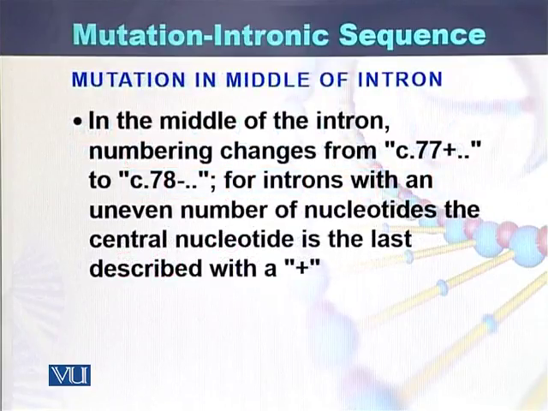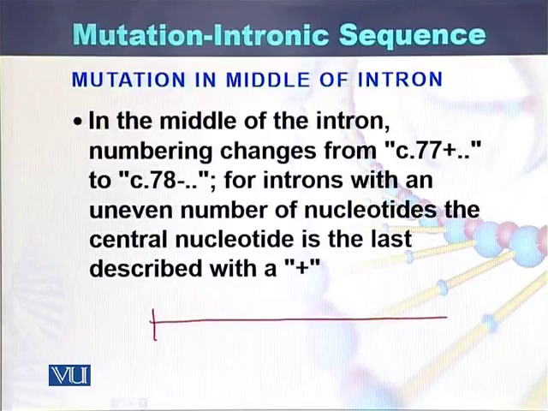If a mutation is present in the middle of an intron, it is usually mentioned from both sides of the intron. Take the example that this is a gene, with exon, intron and exon.